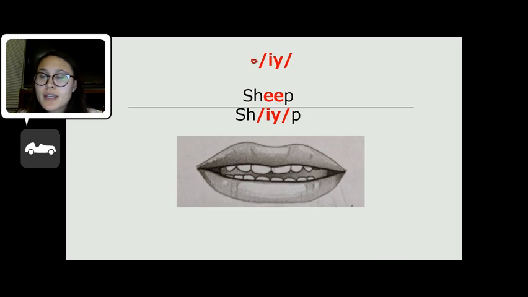In order to make the E sound, you need to spread your lips into a smile, like in this picture. I'm going to repeat the sound, and I want you to pay attention to the position of my lips.